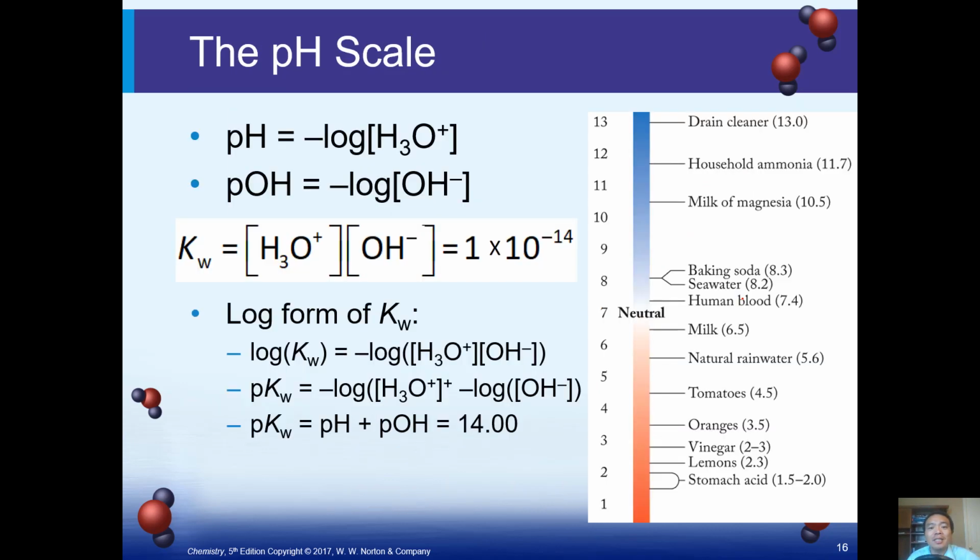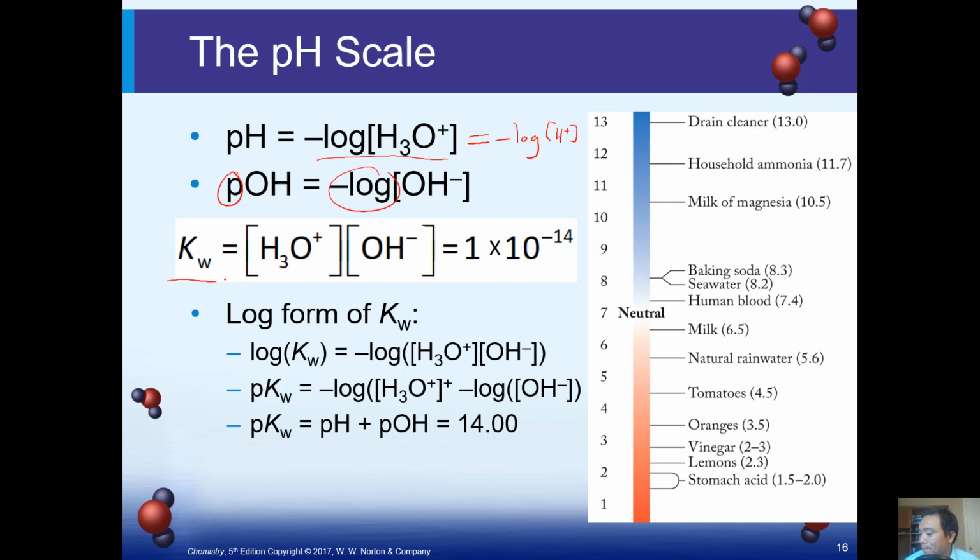The pH scale is defined based on the negative log of the hydronium ion concentration, or you can simply write negative log of H plus concentration. The pOH, P, remember, is just a negative log. So pH is negative log of hydrogen ion or hydronium ion. pOH is negative log of hydroxide.